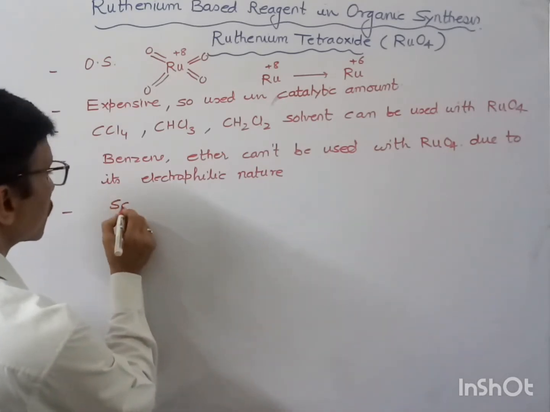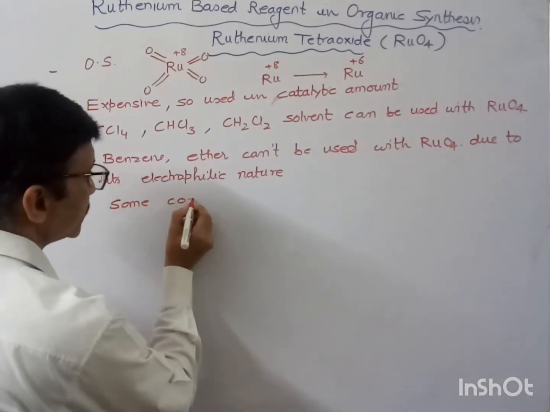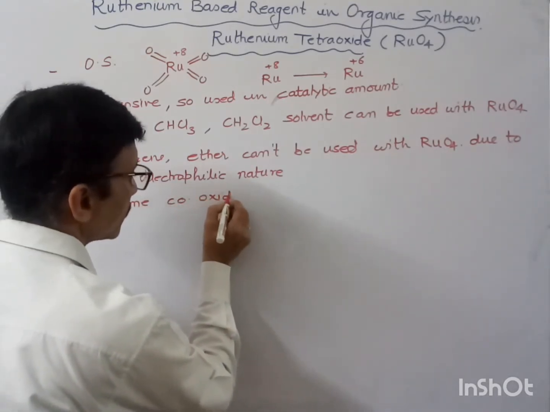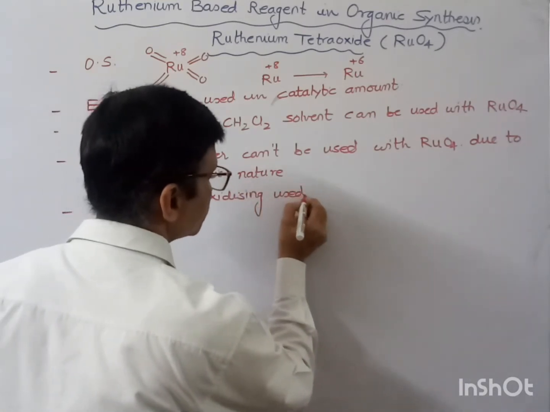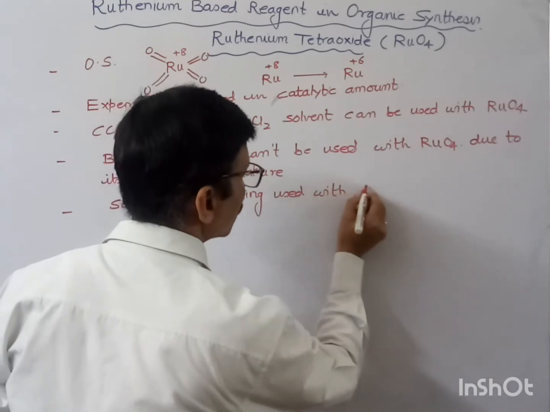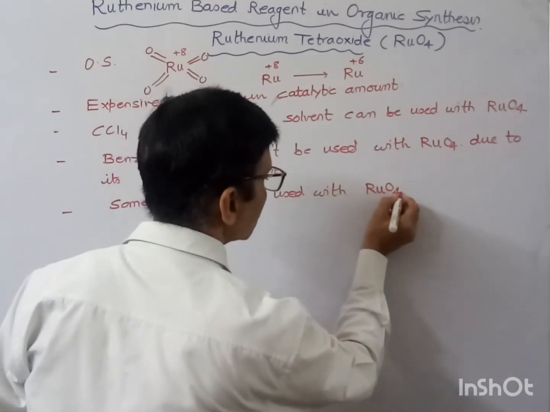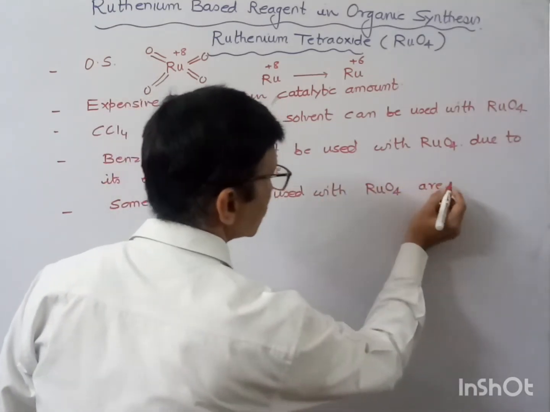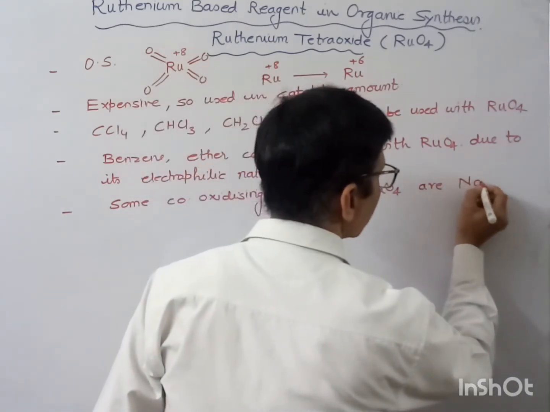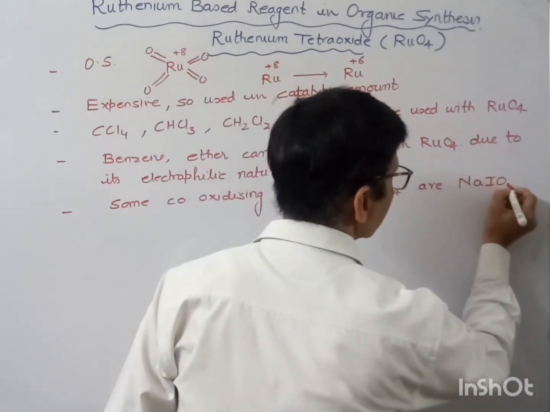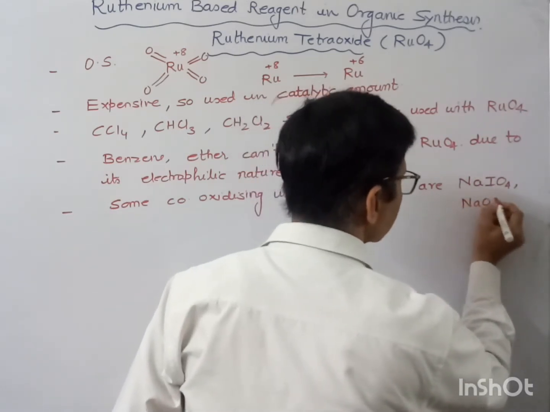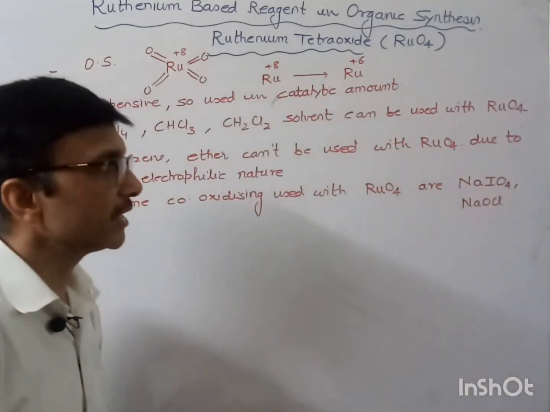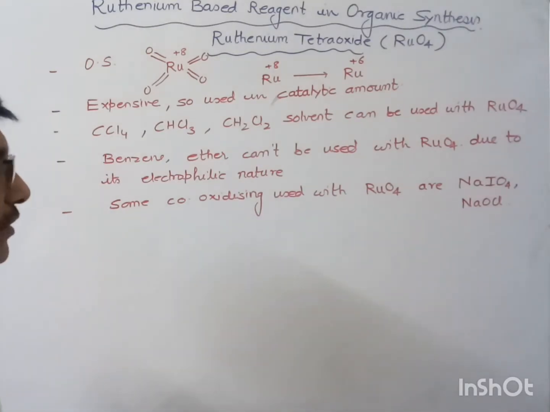Some co-oxidizing agents used with ruthenium tetraoxide are sodium metaperiodate or sodium hypochlorite.